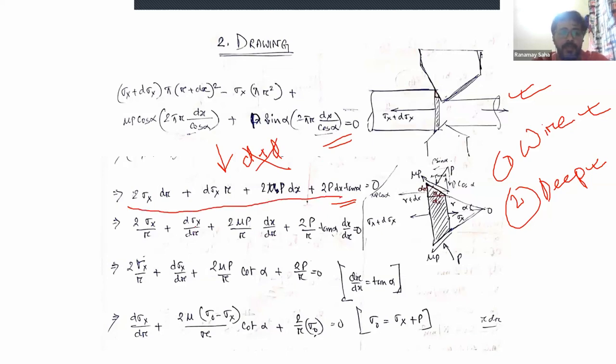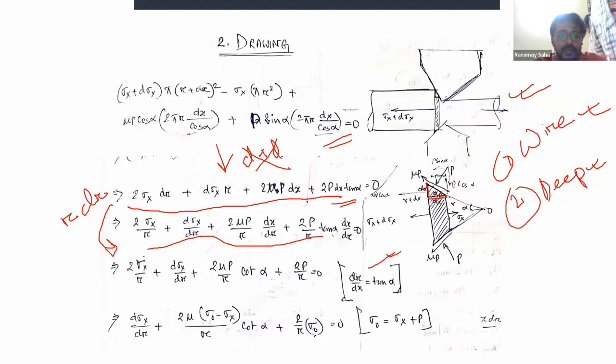Okay? So now you just divide that by r times dr to come up to this expression, and then you replace dr by dx as tan alpha. From here you can see that this part is dr and the thickness is dx, and if this is your angle alpha, so tan alpha is dr by dx.